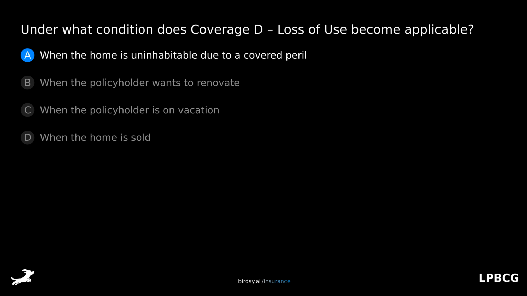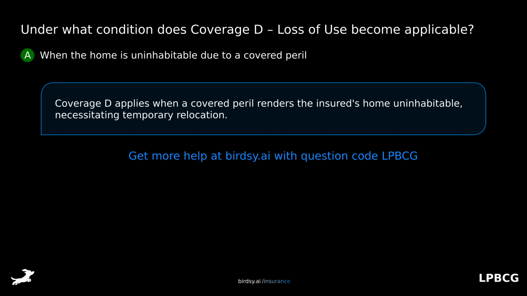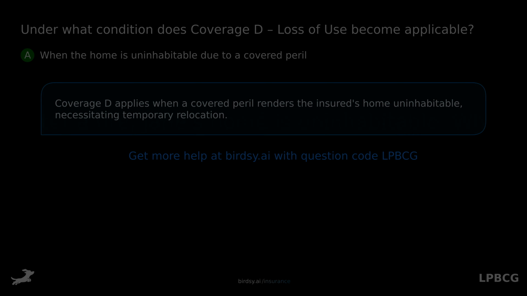Is it A, when the home is uninhabitable due to a covered peril, B, when the policyholder wants to renovate, C, when the policyholder is on vacation, or D, when the home is sold? The answer is A, when the home is uninhabitable due to a covered peril. Coverage D applies when a covered peril renders the insured's home uninhabitable, necessitating temporary relocation.